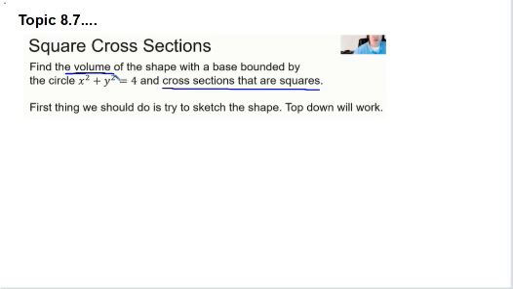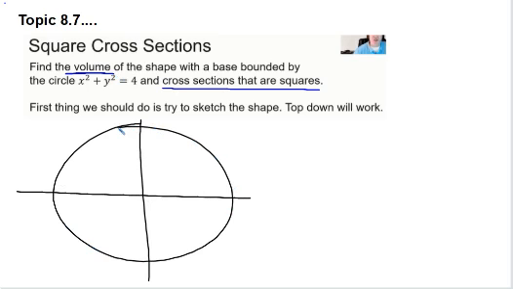So, let's first look at what we've got here. We've got a circle, and its radius is 2. We know that from our basic formula of the circle, but we almost never work with a circle in this form.